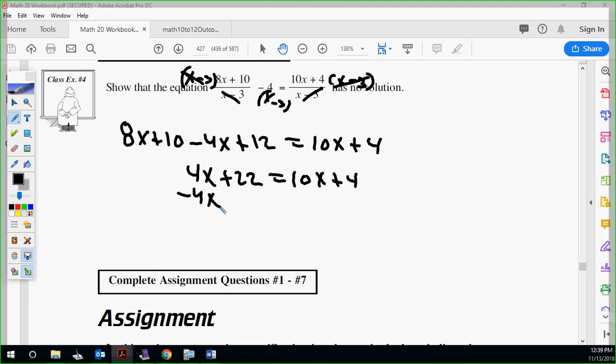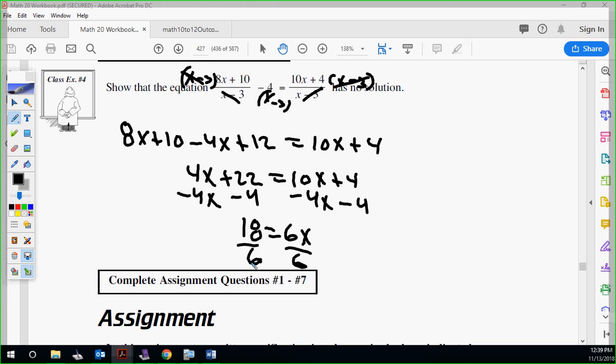Minus 4x. Okay. So what happens is we're going to get 18 equals 6x.